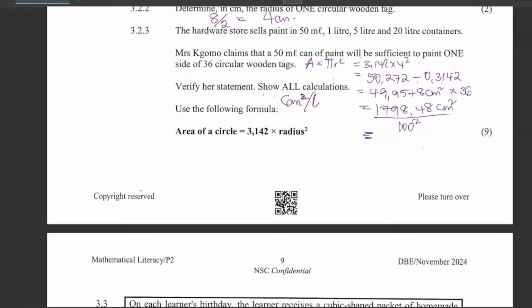So I'll divide by 100 squared and I'll get my 0.1798 meters squared. So I need to find out now how many liters I will use here. I'll divide by 6.